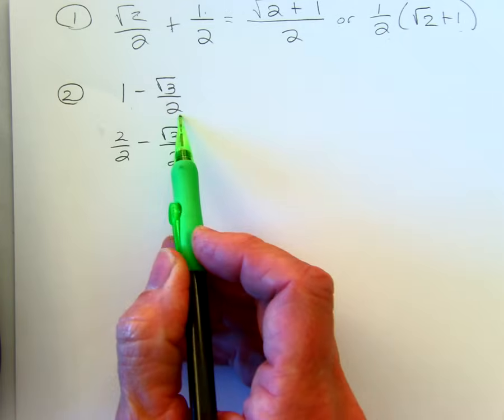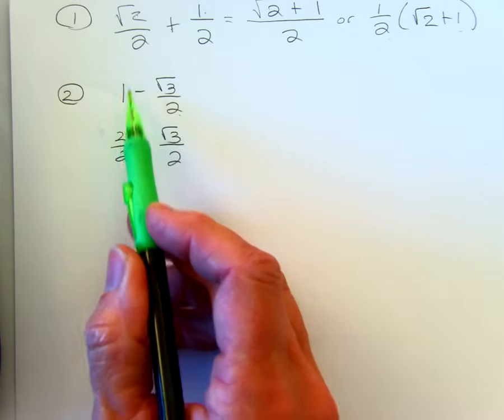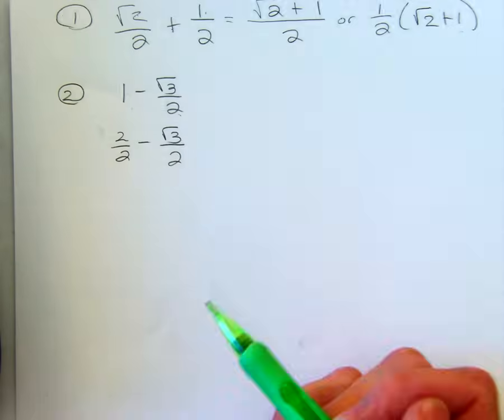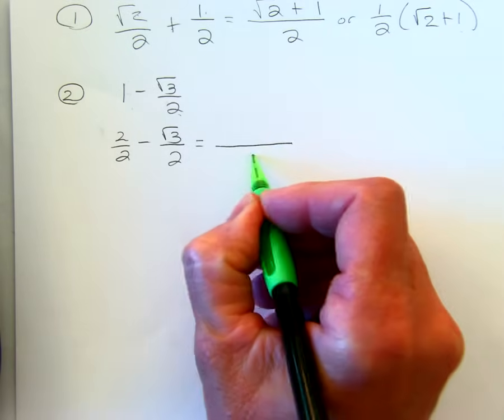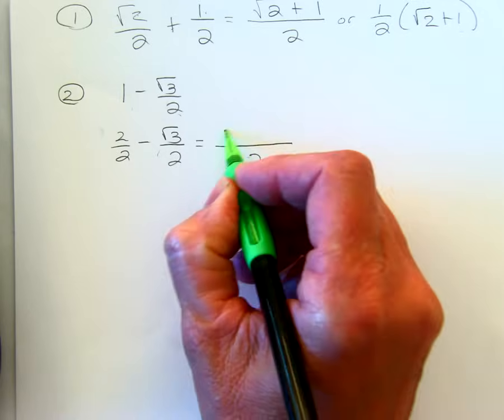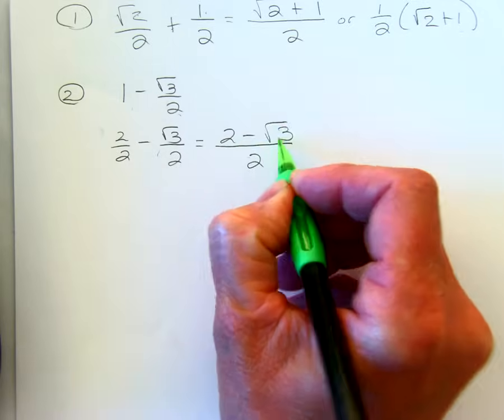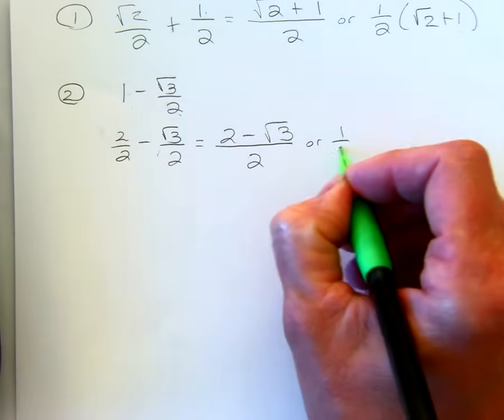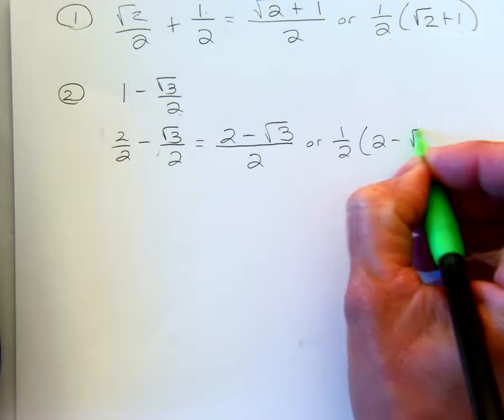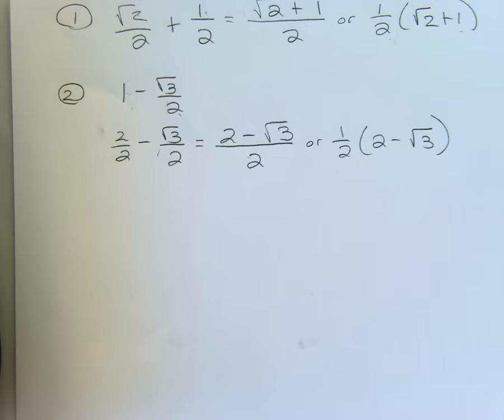So I looked at this number and said, well, I'm just going to rewrite this one as something over itself. So I wanted it to be 2. Now it's similar to the first one we just talked about. The 2 comes along. These 2 can't go together. So it just comes straight across. And again, if you look in the back of the book, they will write the answer like this. So just be aware of that.